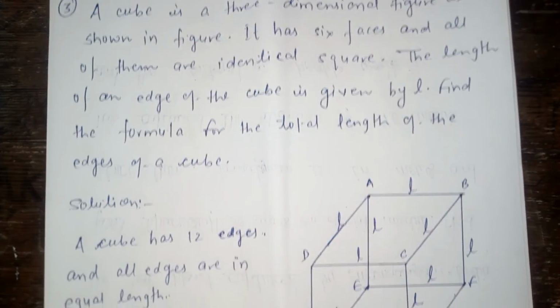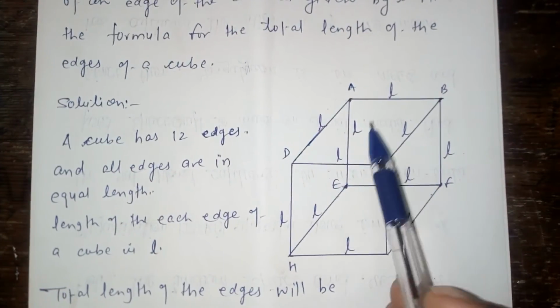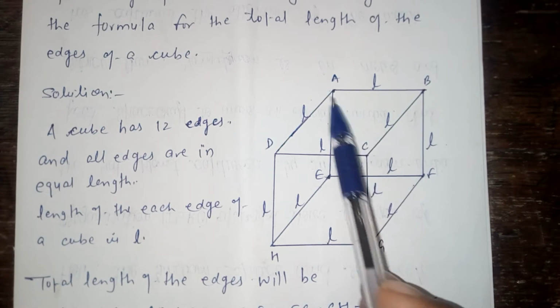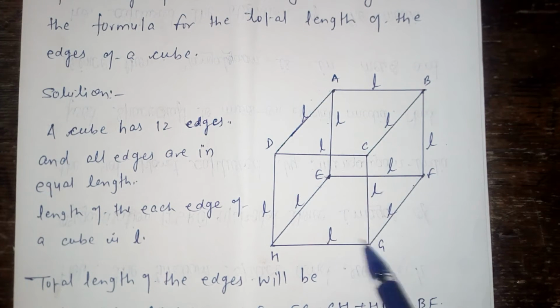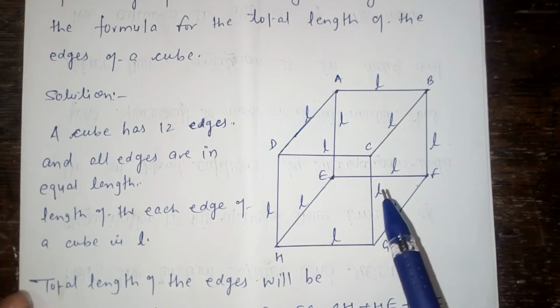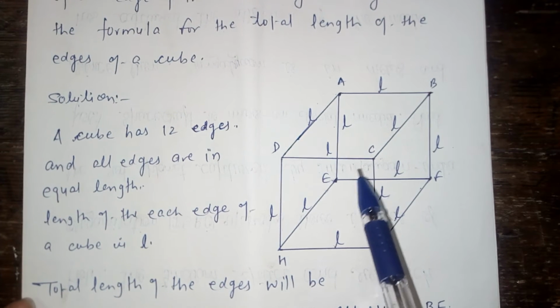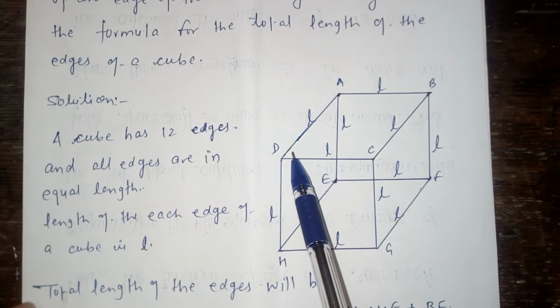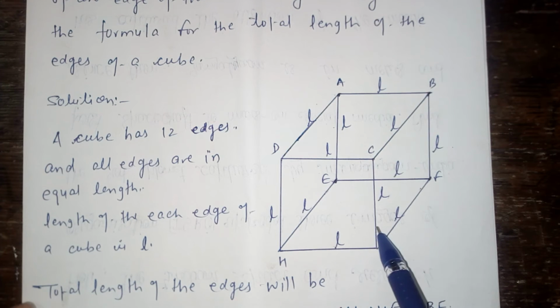As you know very well, this is the cube, A, B, C, D, E, F, G, H. And in a cube, all edges are of equal length. Please keep in mind, in a cube all edges will be of equal length.